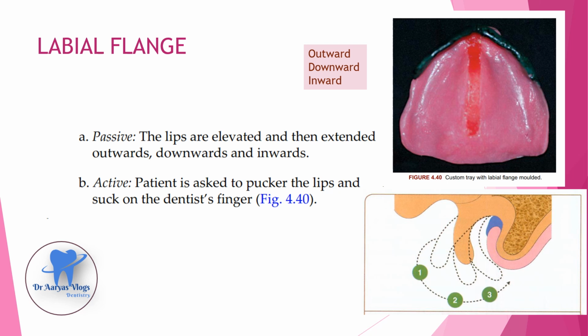For the labial flange, with passive movement, the lips are elevated and then extended outwards, downwards and inwards, ODI. Then active, the patient is asked to pucker the lips and suck on the dentist's finger.